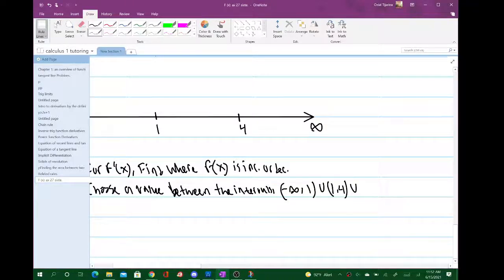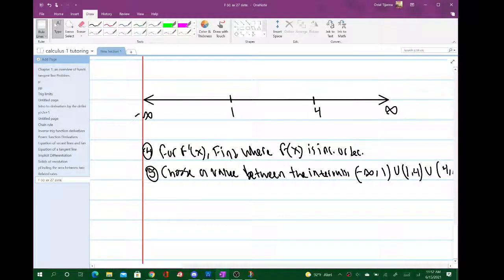This is something that we really have to pay attention to, because some people confuse this in the other way. To know where the function is increasing and decreasing, they confuse it and, instead of evaluating for f prime of x, they do it for f of x.